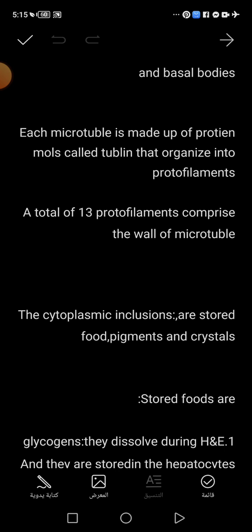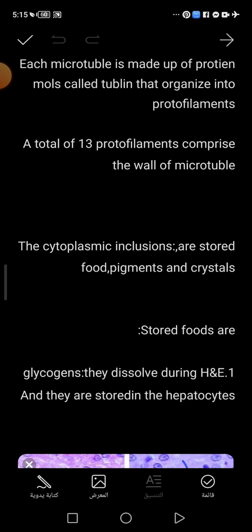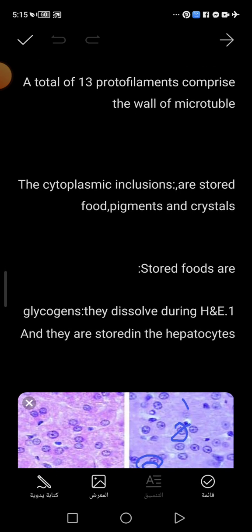We explained the organelles in our past lecture. Now, the cytoplasmic inclusions are mostly stored food, pigments, and crystals.